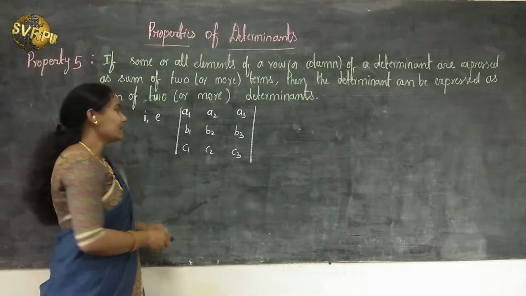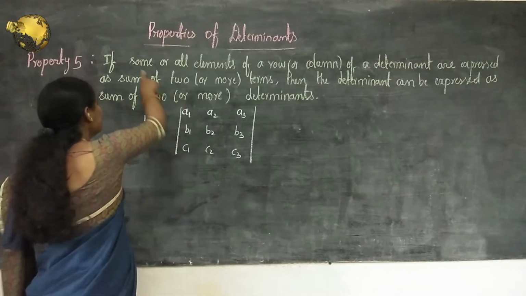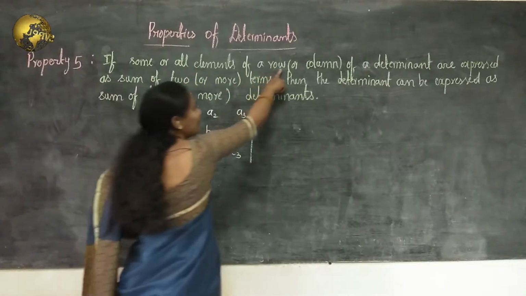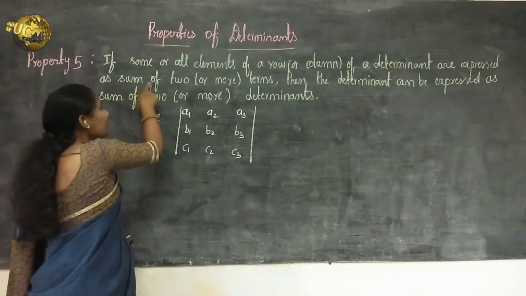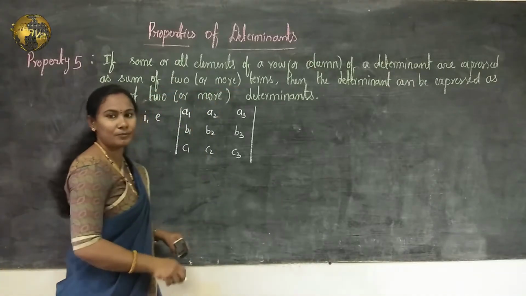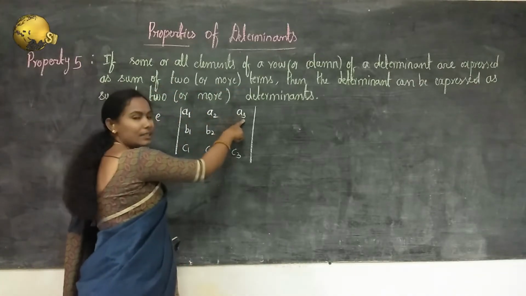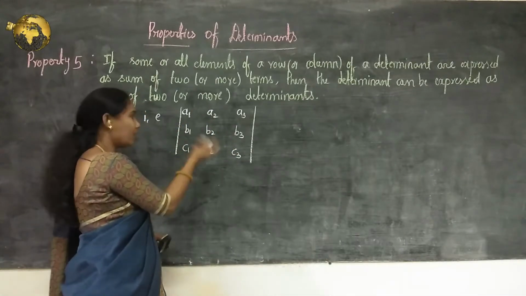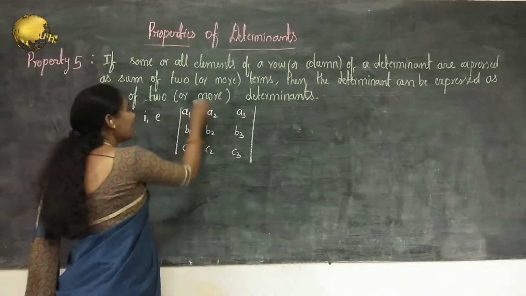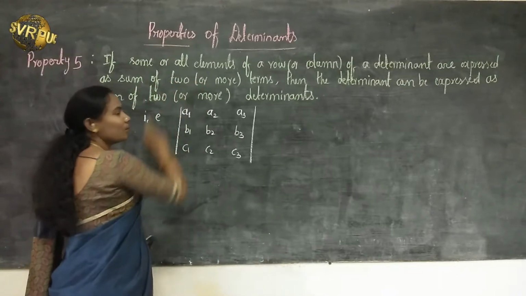If in the general determinant some or all elements of a row or a column can be expressed as the sum of 2 or more terms, that means I express the first row, or second row, or third row, or any column, as the sum of 2 or more terms.